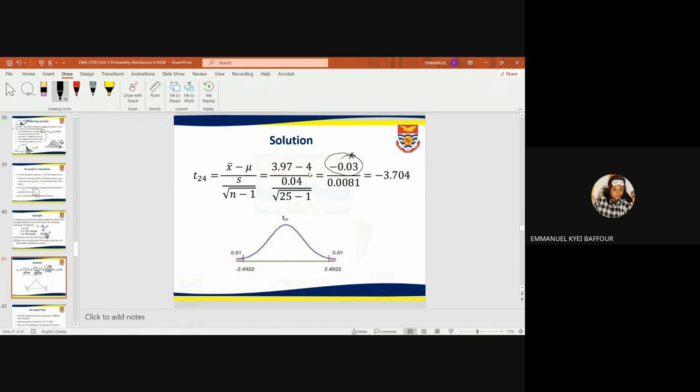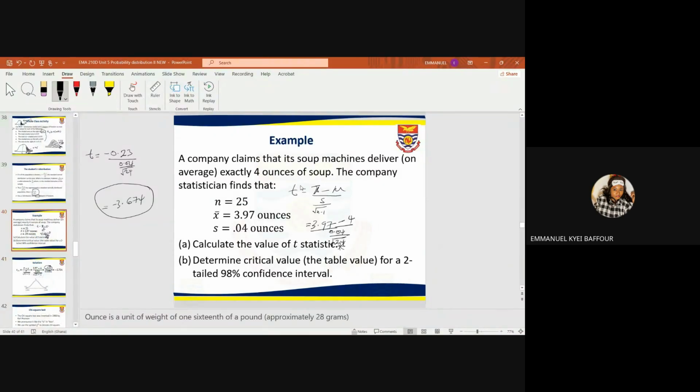You give an answer as negative 0.23. So we said negative 0.03.